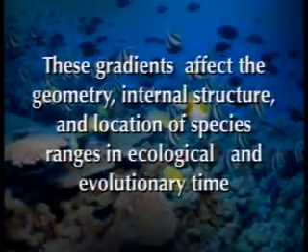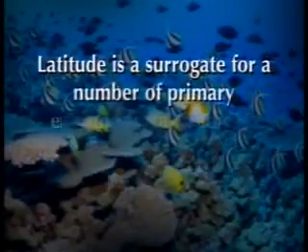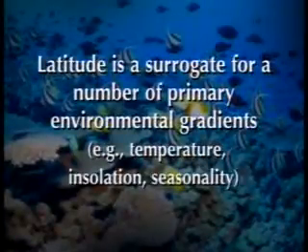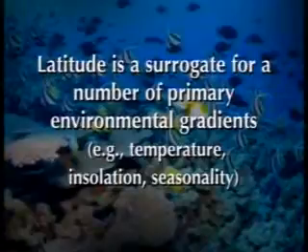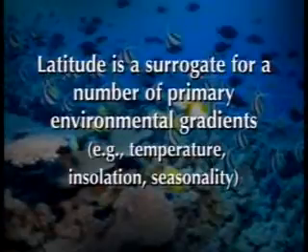In fact, latitude in itself is a surrogate for a number of primary environmental variables or gradients, for example, temperature, insolation, seasonality, and so on, which interact and are correlated with each other in many ways, making direct tests of hypotheses at times difficult.